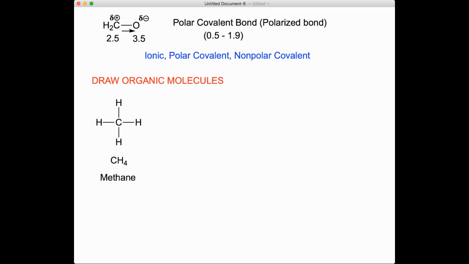That's what we call, once again, condensed formula, or as a full structure, the Lewis structure. We're going to call this Lewis structure, okay? Everybody remembers.